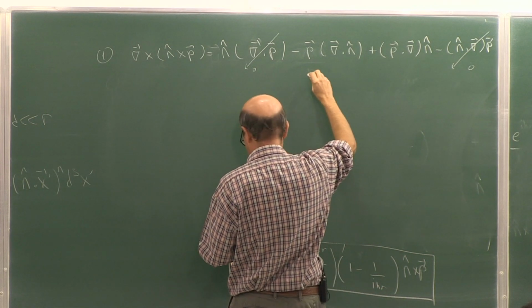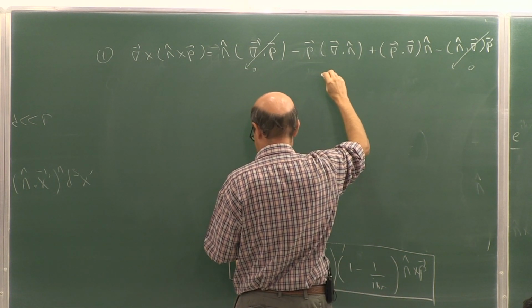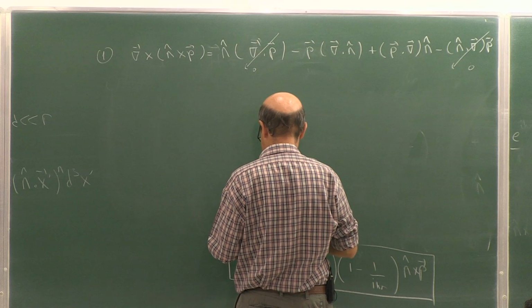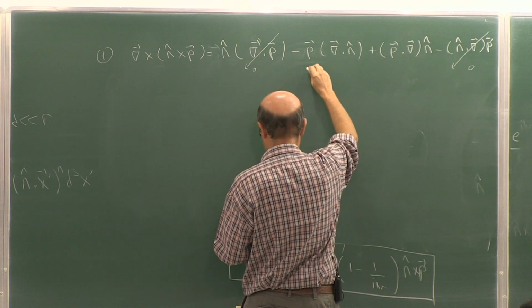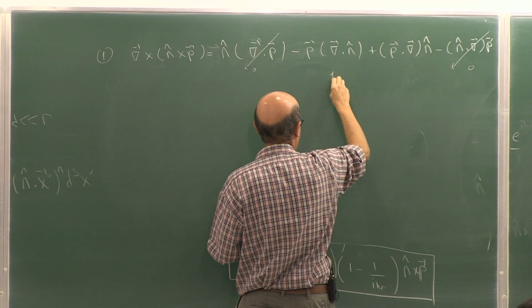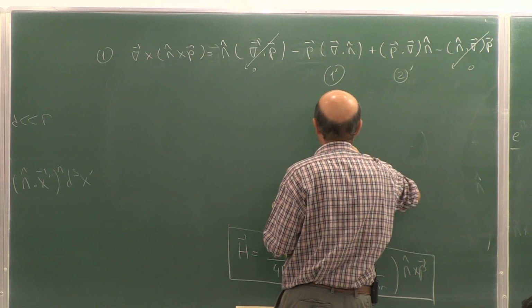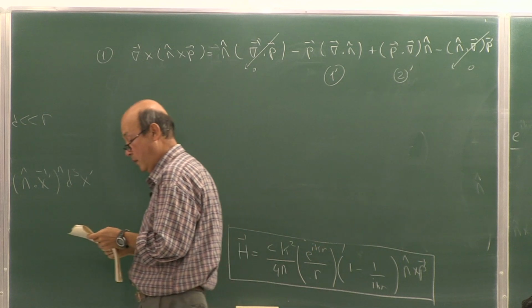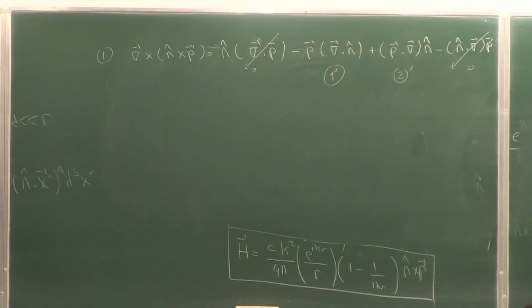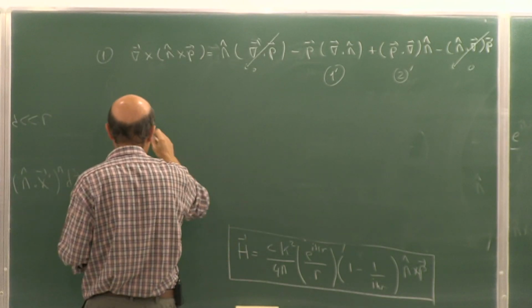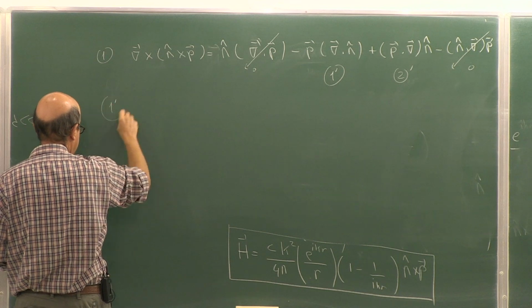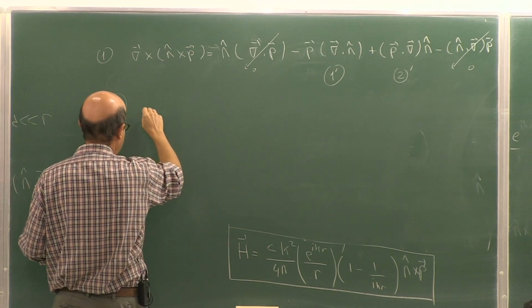Now let me call this 1 prime and this 2 prime, and let me try to evaluate what 1 prime and 2 prime are. 1 prime is what?